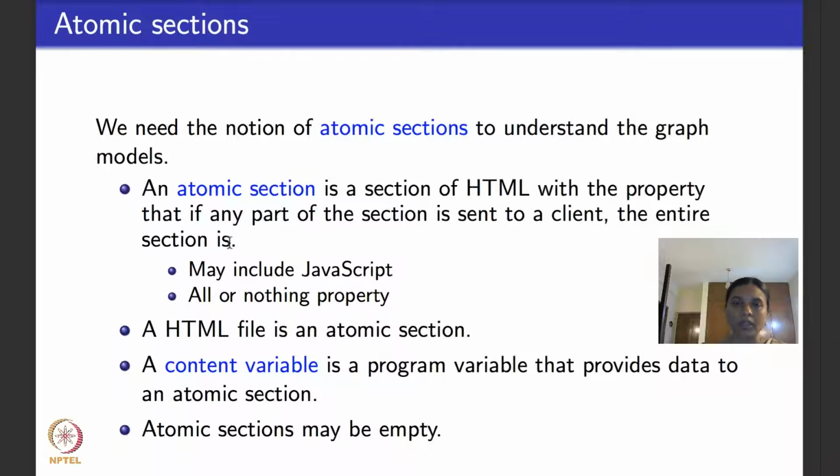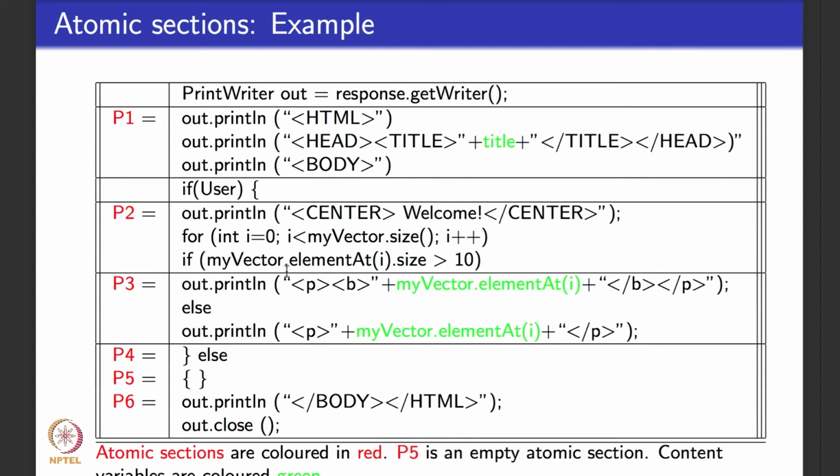Before moving on, I'll take an example and explain to you what it is. So here is how the code looks. The rows in the table correspond to some server-side code present in the presentation layer. It first gets a response from the client and then it prints out this chunk. Remember, it is to print out an HTML file to be rendered in the web browser interface of the client.